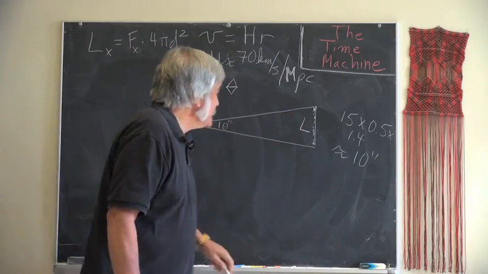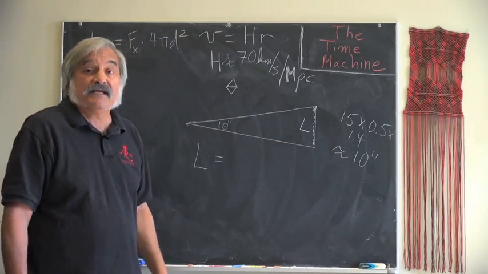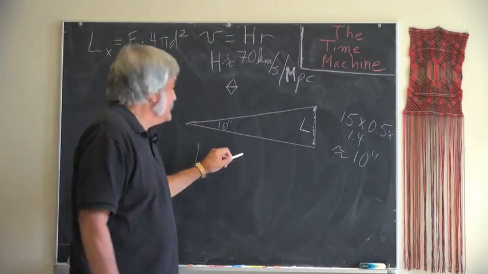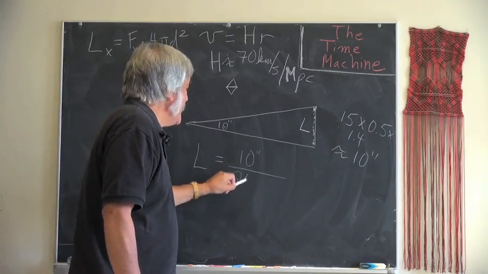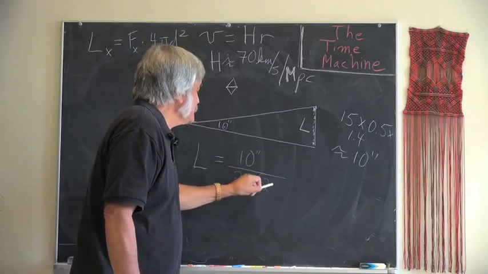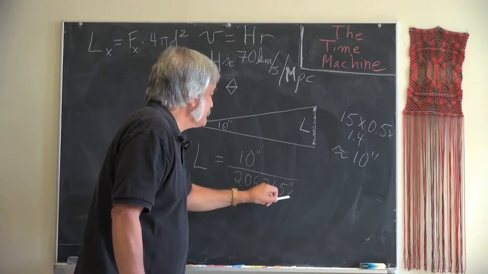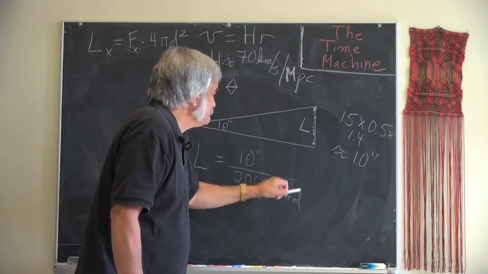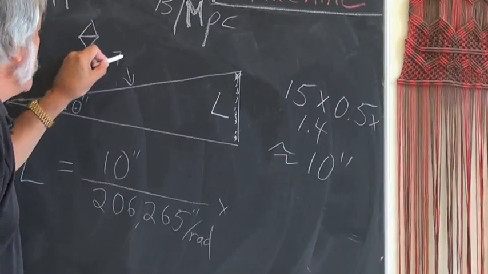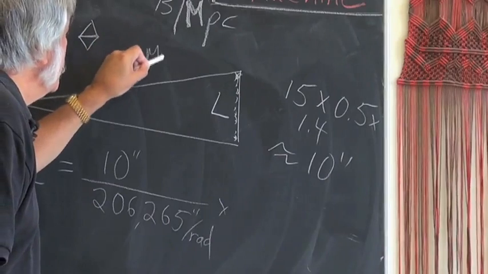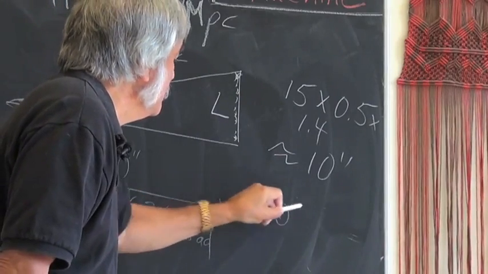Therefore, we can figure out what the length of the jet is. It's just going to be 10 arcseconds divided by our handy-dandy number 206,265 arcseconds per radian, times our distance to 3C273, or about 700 megaparsecs.